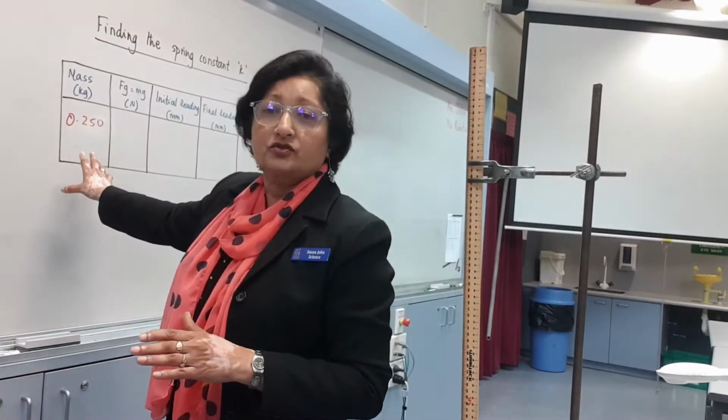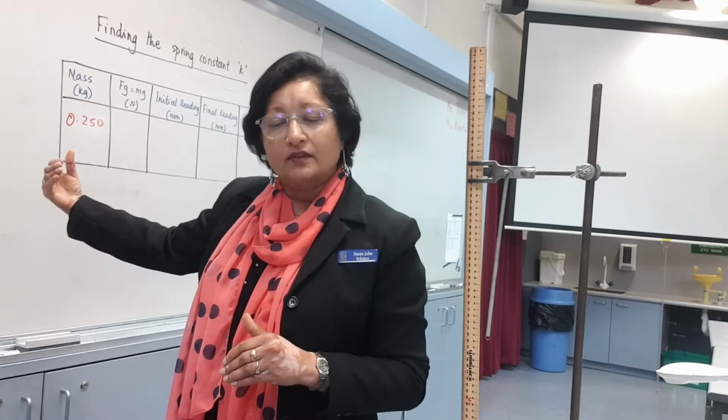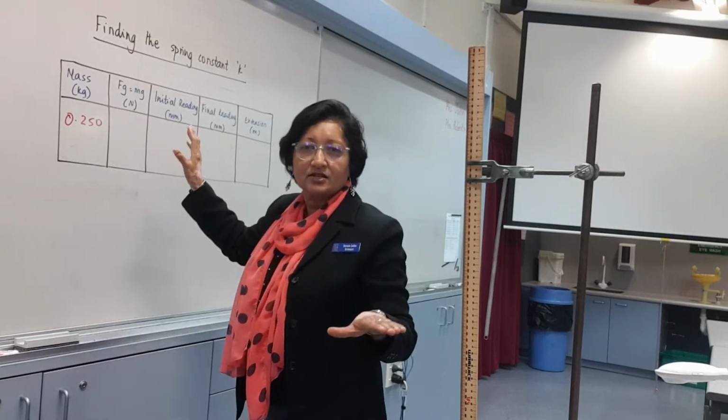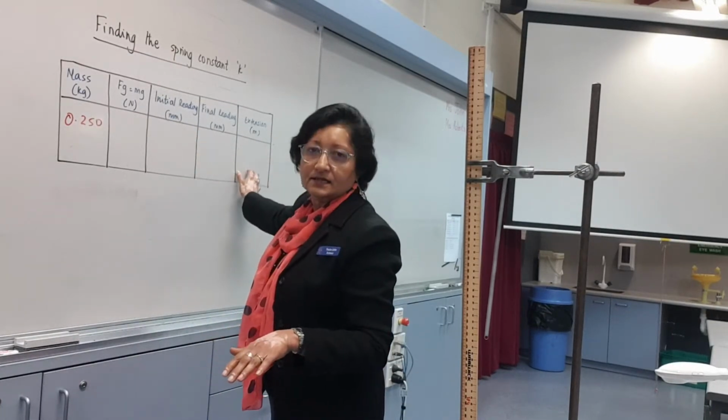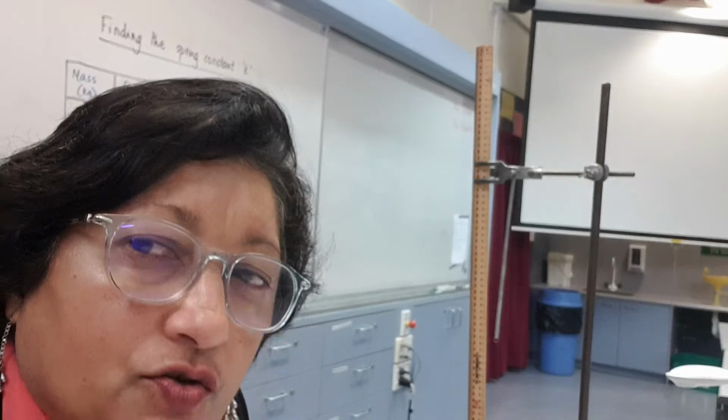Now I wouldn't want you to find any uncertainty for mass, just take it at its value. The only uncertainty I would like you to have is for what we're actually measuring, and that's the uncertainty for extension. Then we need to convert this mass to a force. So I've just got my calculator here.